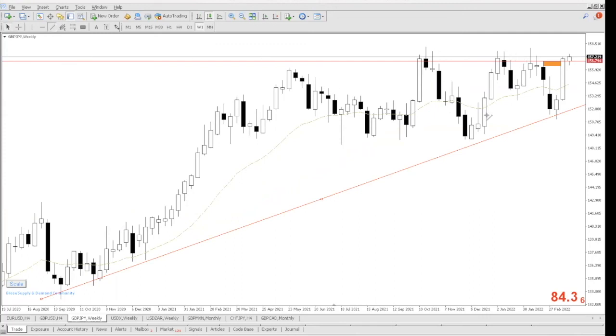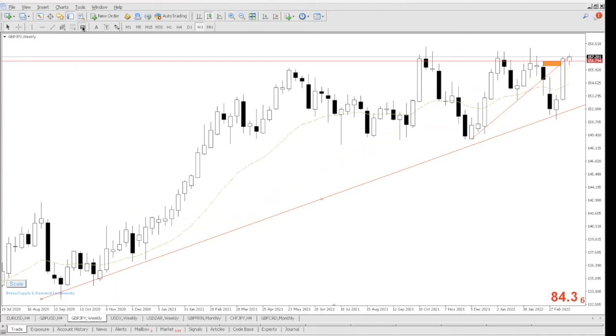We have a valley, another one here. So we draw our trend line. This is our weekly trend line, okay? Meaning here, price broke this area, okay? It broke the trend line and then dropped.